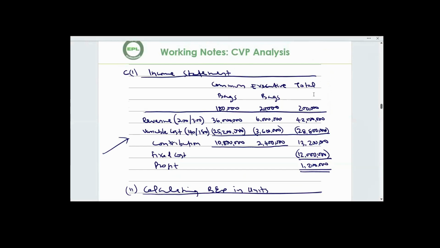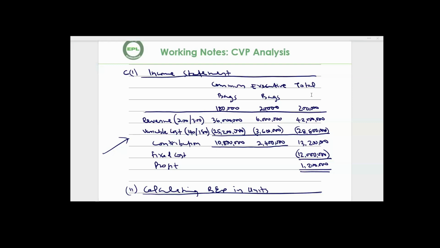So the examiner has told you in the question that in requirement C, you have to calculate the budgeted operating profits and break-even points if 200,000 units are sold, but only 20,000 are executive bags.